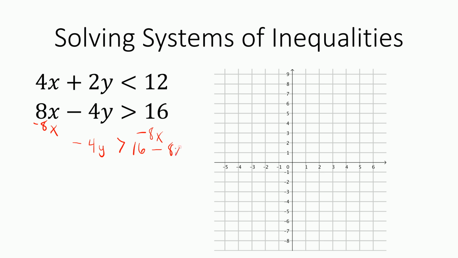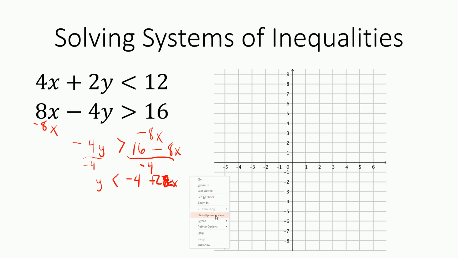we remember that when I divide by a negative number, that causes a flip of the inequality, which means that even though, or this is 2x, tell you what, let's erase.